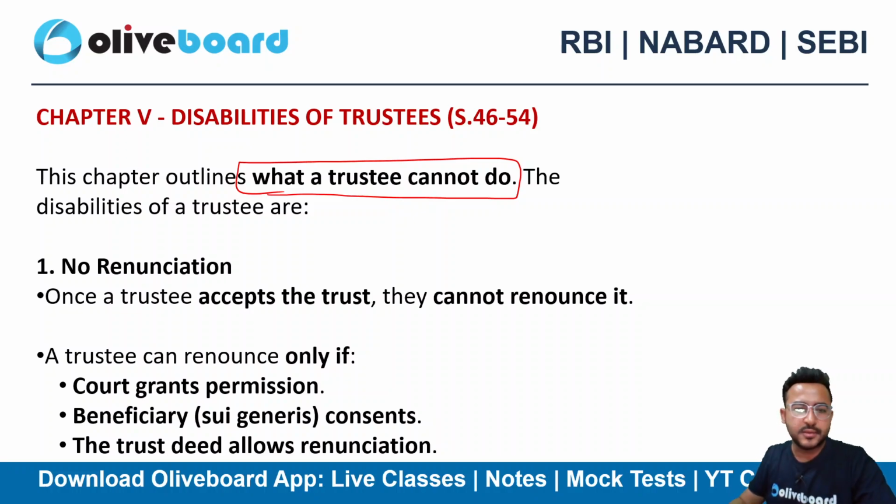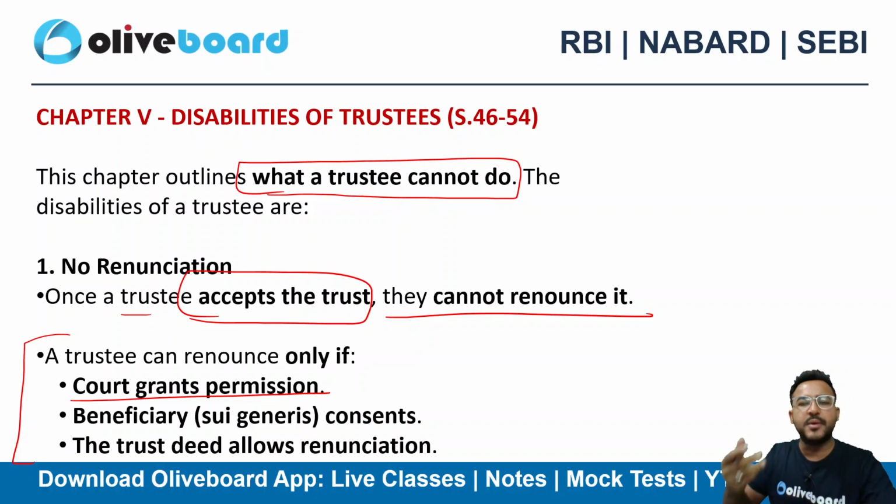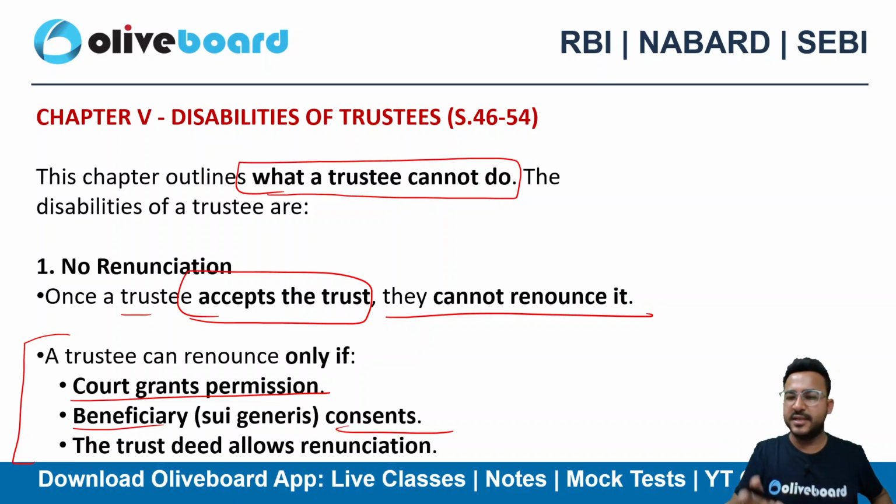No renunciation. Once the trustee accepts the trust, they cannot renounce it. एक बार आपने एक्सेप्ट कर लिया तो फिर उसको आप ट्रांसफर मत करो किसी और पे, रिनाउंस मत करो, राइट? But the trustee can renounce only if the court grants permission. कोर्ट ने परमिशन दे दी रिनाउंस करने की, then you are good to renounce. बेनिफिशियरीज की कंसेंट मिल गई है, all the beneficiaries have consented that it's fine if the trustee renounces, और if the trust deed allows the renunciation, that too will be fine.